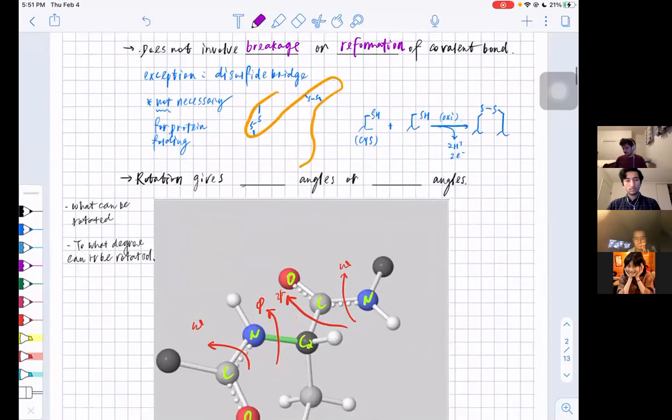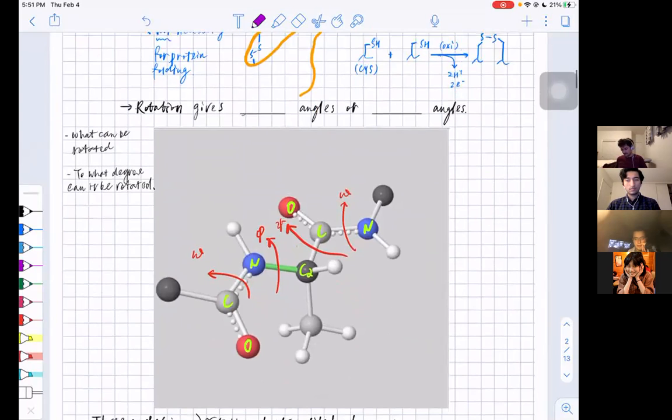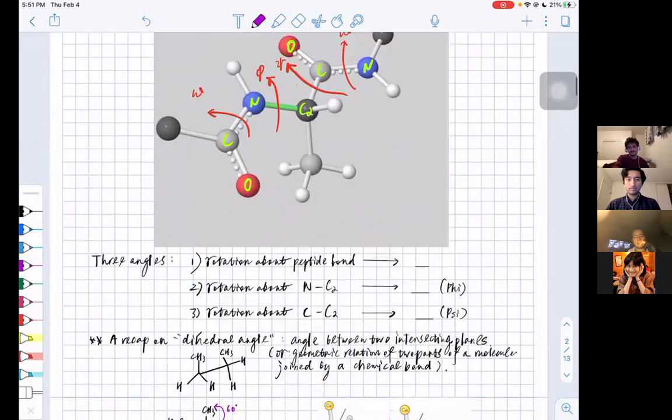Because of the rotation about the covalent bond, we have the torsion angles, or dihedral angles, which is the angle between two intersecting planes.